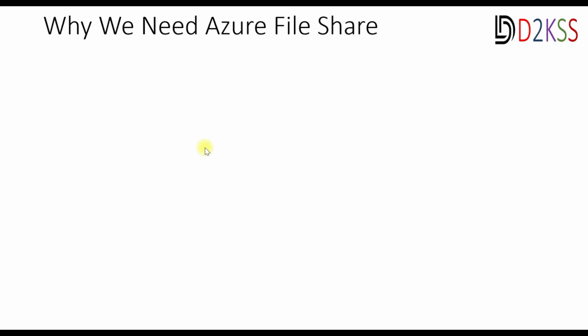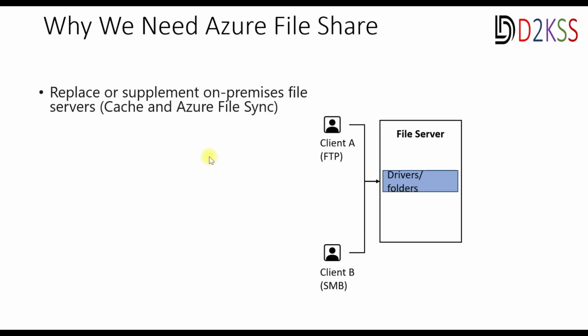The first scenario is to replace or supplement an on-premises file server. In the traditional approach, you create your file server and store all your organization or project files on it, and the file server is accessed by clients through FTP or SMB protocols.